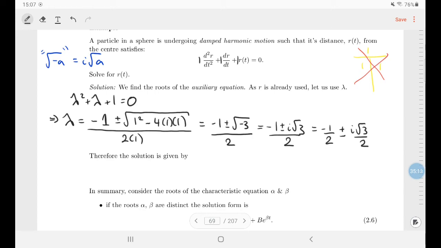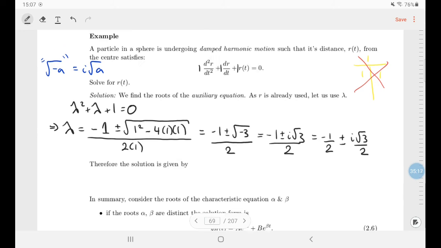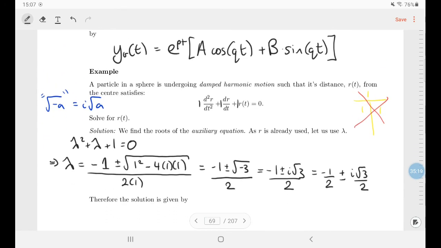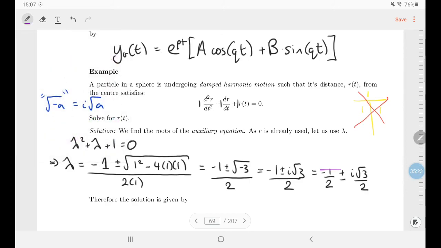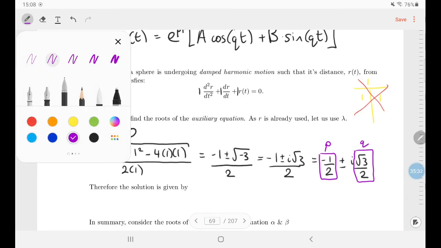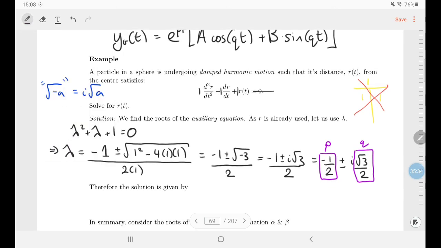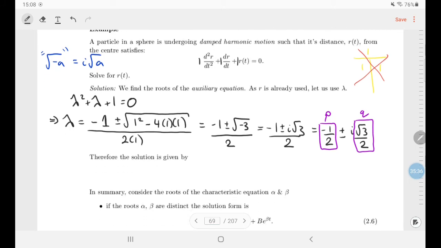Now, you don't have to go through all the stuff we went through, you can just use this formula up the top. So we've got p is equal to -1/2, and q is equal to root 3 over 2. So you end up with a solution. Now here, the function is r of t, so we'll use that.